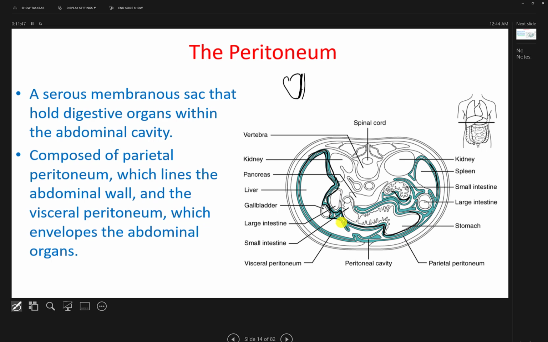All of this is a continuous visceral layer for all of these organs. Then there is a parietal peritoneum, which is like a big circle around all of these organs. So not every single organ in the abdominal cavity has its own serous membrane. No, they are sharing that peritoneum.